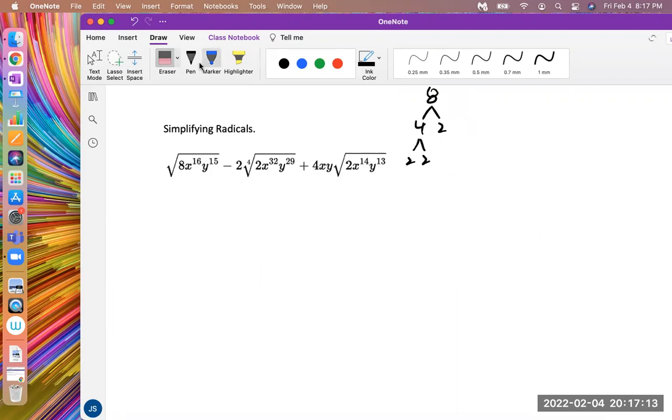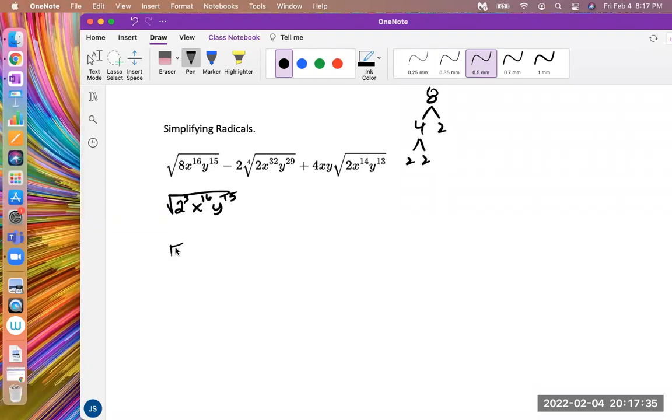Okay, so let's use the shortcut rule. The shortcut rule would be to write everything in exponential form. Prime factor that 8. So 2 to the 3rd, x to the 16th, y to the 15th. And now all the exponents get divided by 2.